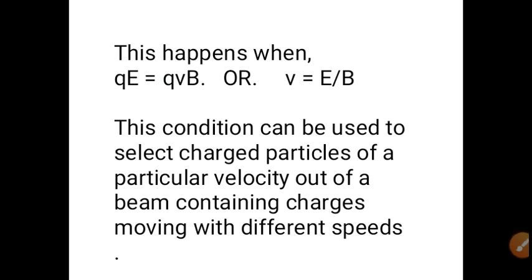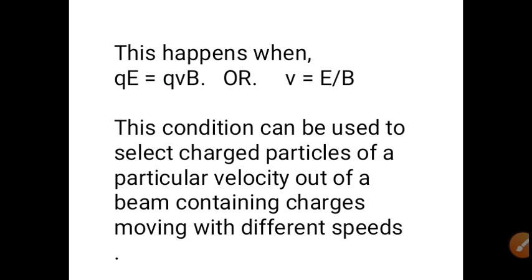When does this happen? When electric force and magnetic force both have the same magnitude. What is the magnitude of electric force? QE. What is the magnitude of magnetic force? QvB. Therefore, this happens when QE is equal to QvB or v is equal to E by B.